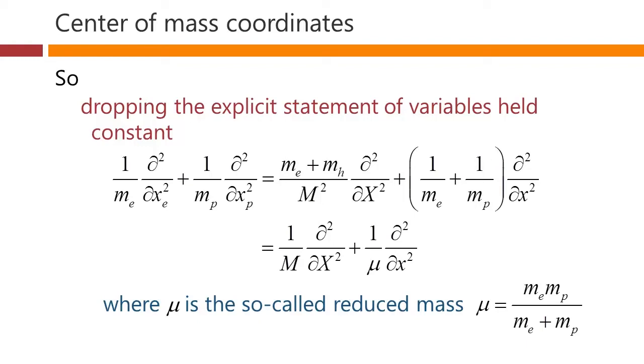Or if you do a little algebra, you can see, therefore, that mu is equal to me mp over me plus mp. Because the proton is very much heavier than the electron, this is almost the electron mass. The bottom line is just a little bigger than the proton mass, and hence it almost cancels with that proton mass on the top line. But we end up with something that is slightly smaller than the electron mass.